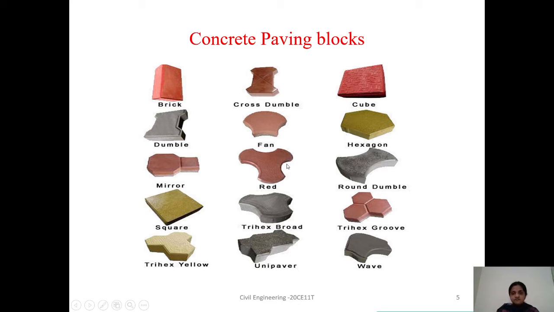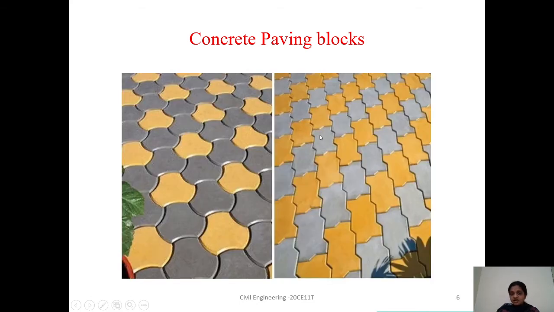These blocks which are manufactured are interlocking blocks, dumbbell blocks, mirror blocks, fan shaped blocks, cross dumbbell, round dumbbell blocks or trihex groove blocks. All these blocks, or unipaver blocks or wave shaped blocks, are all interlocking blocks. So these are examples. This is an example of pavement constructed using the interlocking concrete paving blocks.